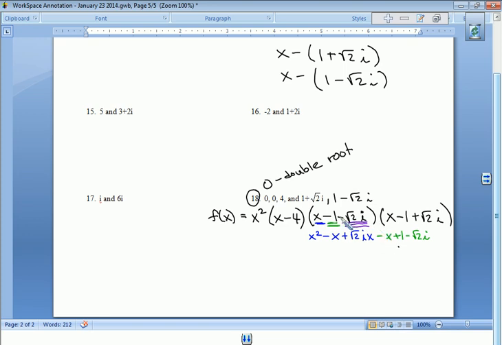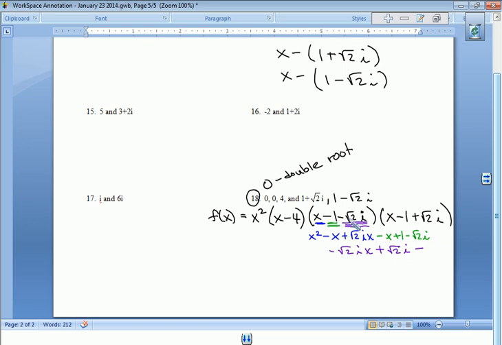All right, so now we have to distribute the negative root 2i through the whole second factor. So it's negative root 2ix. Then positive root 2i, because a negative times a negative is a positive. Then the last terms.